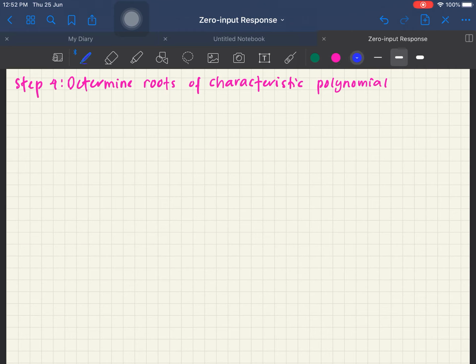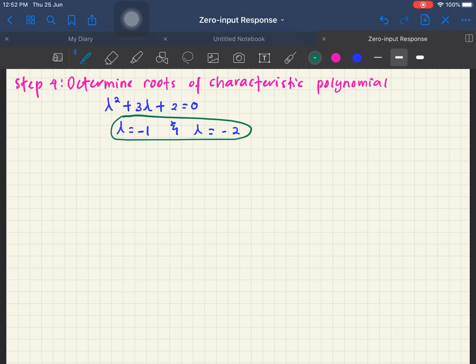You will have lambda squared plus 3 lambda plus 2 equals 0. Here you will have lambda equals minus 1 and lambda equals minus 2. These are known as the characteristic roots.